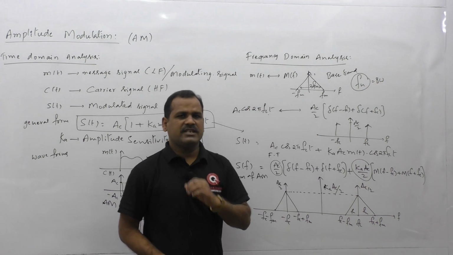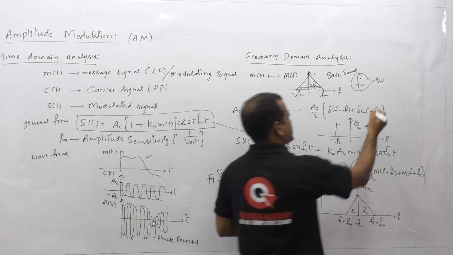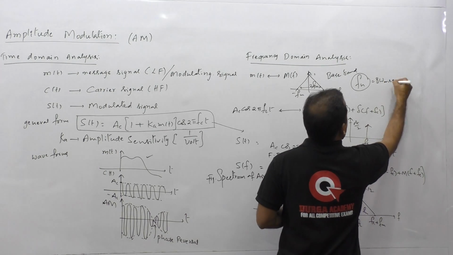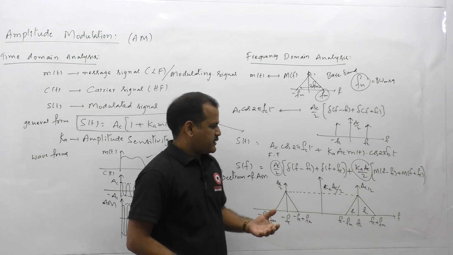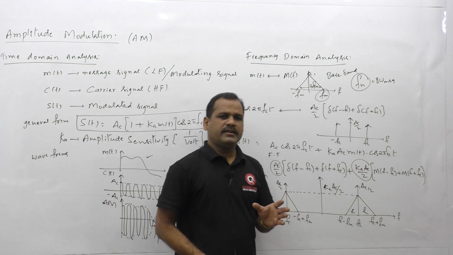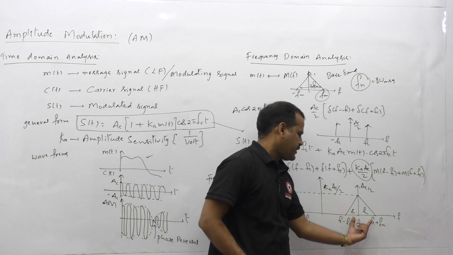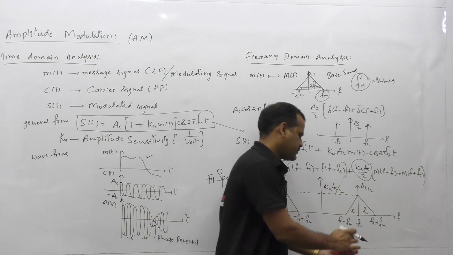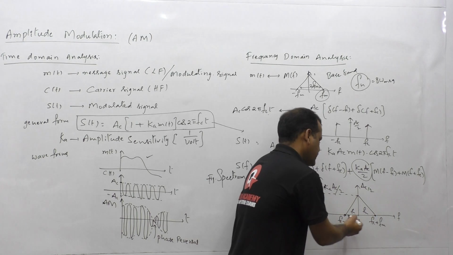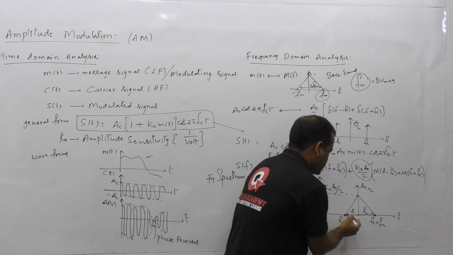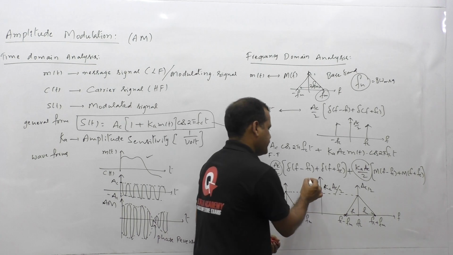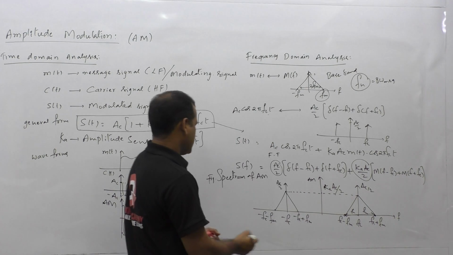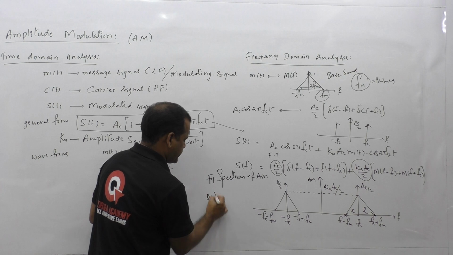So the message signal bandwidth, if you observe, is equal to fm, the highest frequency component of this signal. And generally signal bandwidth is the range of positive frequency components of the signal. That means from this point to this point, the width of this signal is the bandwidth of this signal, which is AM.